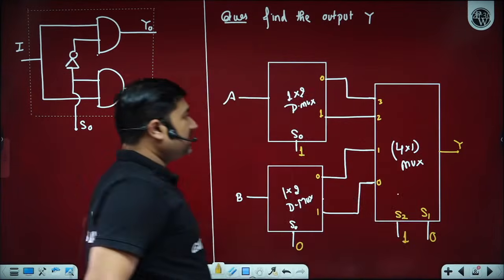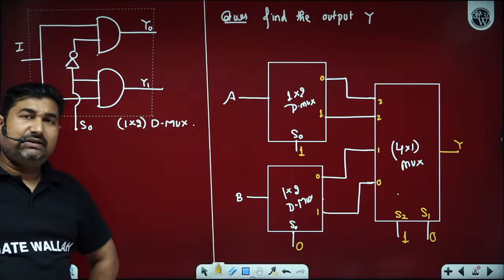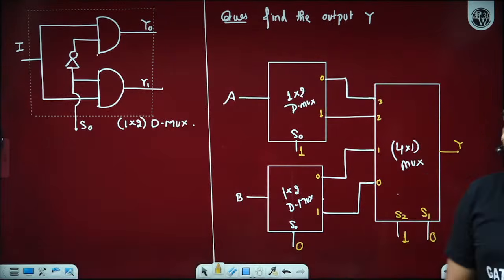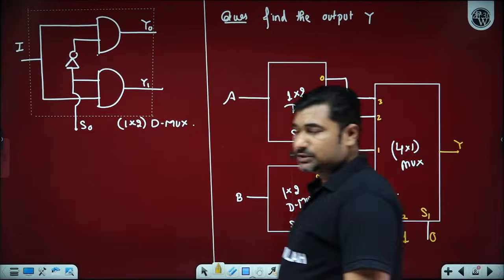Can you tell me what is the output Y from the mux and demux combination shown below?